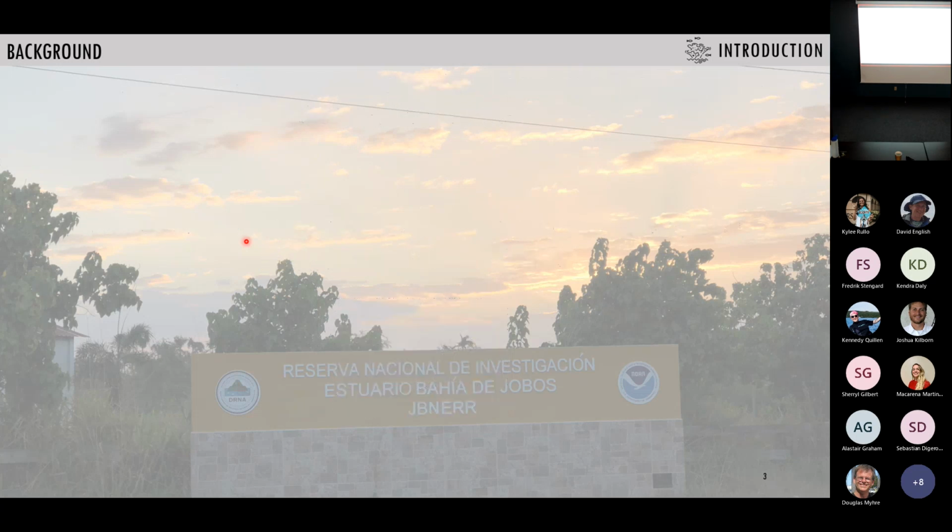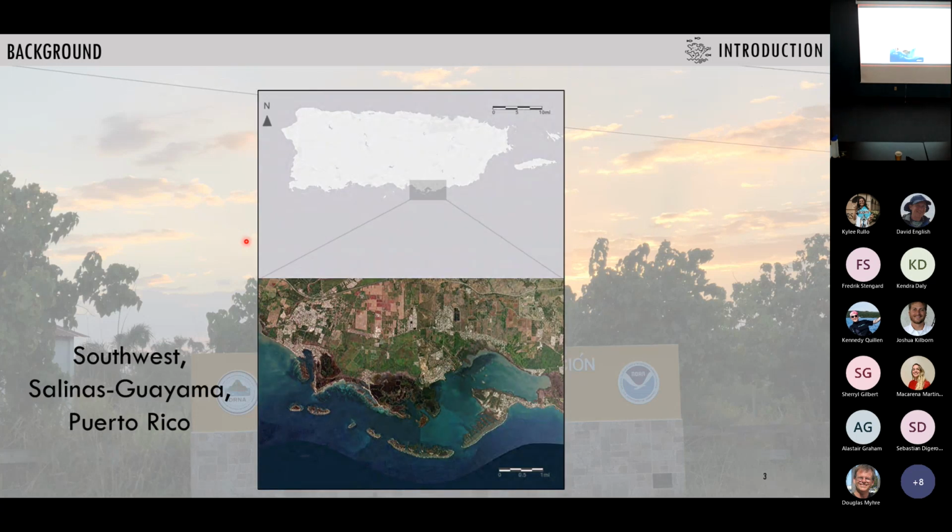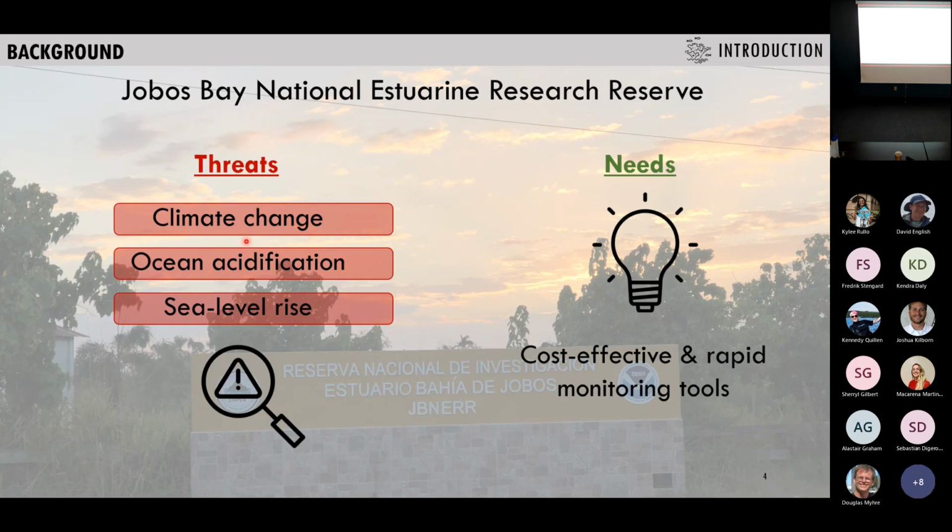The reserve is located in the southwest part of Puerto Rico. You can see it there in that wonderful picture, that's the whole estuary. Right now, the bay is confronting some threats, mainly global ones: climate change, ocean acidification, and sea level rise.